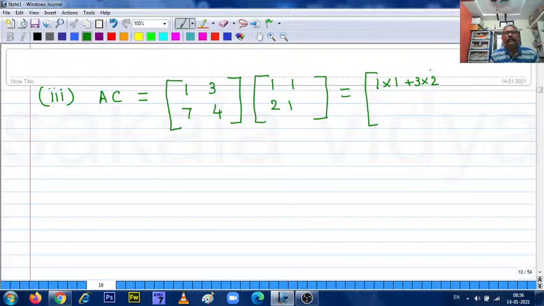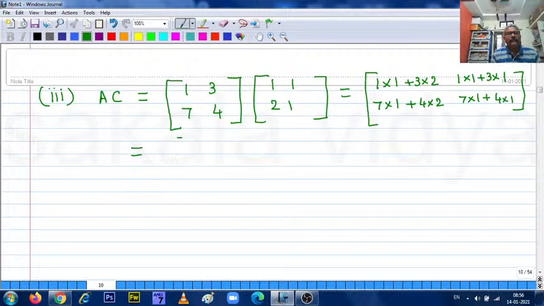First row, second column: 1 into 1 plus 3 into 1. Second row, first column: 7 into 1 plus 4 into 2. Next, 7 into 1 plus 4 into 1.